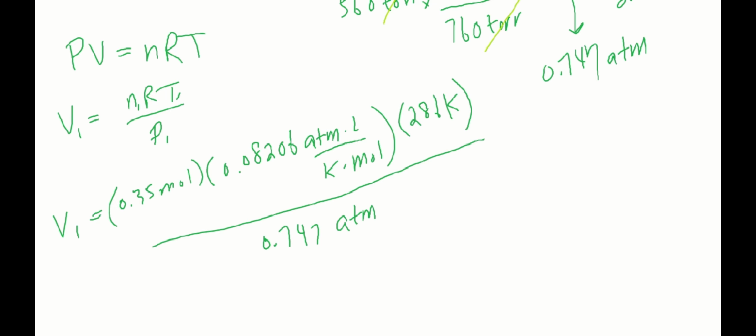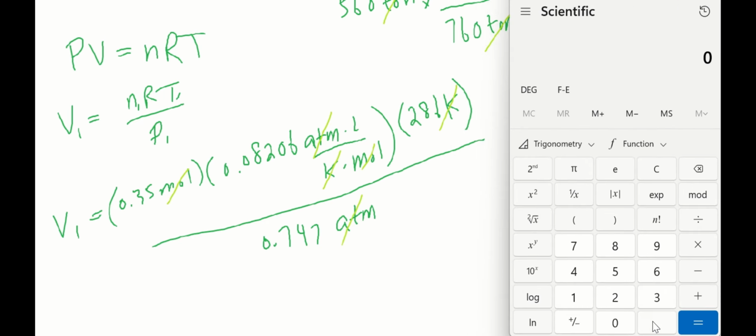Now we'll cancel out the units. We have atmospheres, top and bottom, Kelvin, top and bottom, and moles, top and bottom, and we're left with units of liters. 0.35 times 0.08206 times 286 divided by the pressure, on my calculator, is 11.